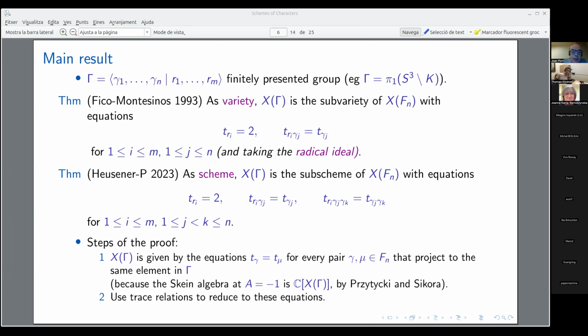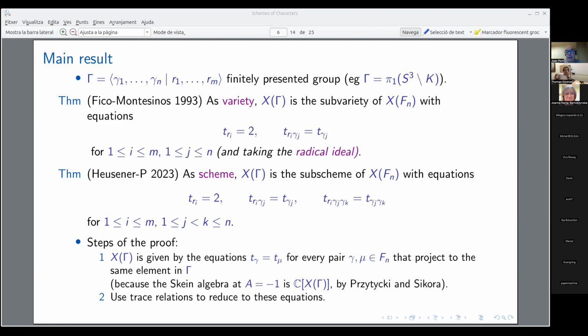The first one is that I have a starting family of equations. Every time I have two words gamma and mu in the free group that give the same element in the group, I impose the equation that they have the same trace, and that relates to skein algebras. Kaczynski and Adam Sikora proved a theorem that says that the skein algebra evaluated at A equals minus one equals the algebra of functions of the variety of characters.